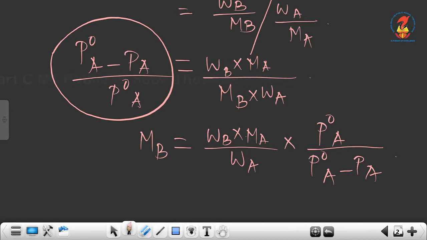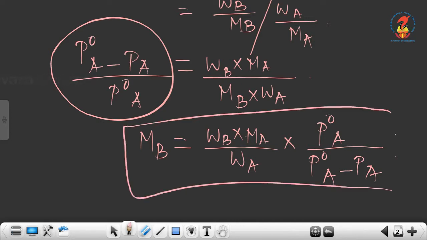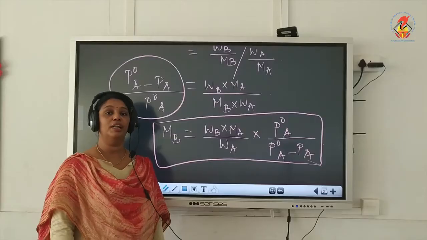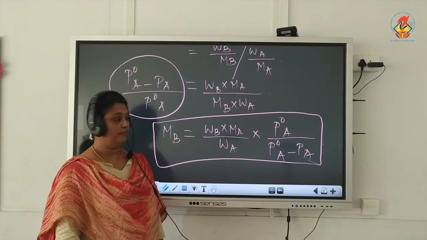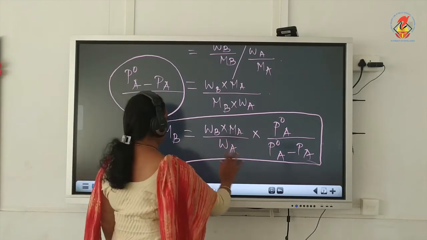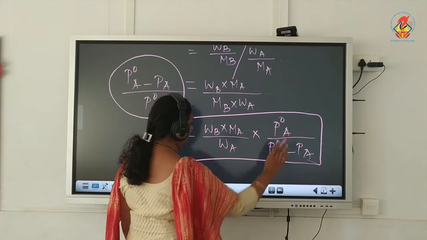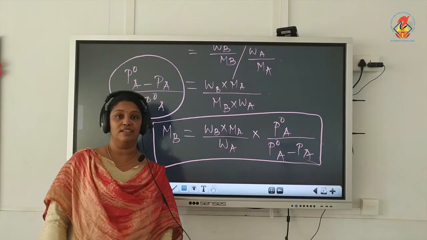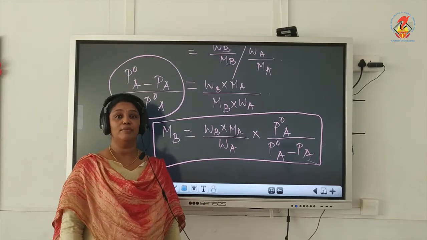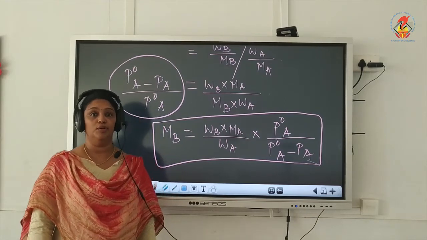This expression is used for the calculation of molecular mass of solute from relative lowering of vapor pressure. If you know all these parameters WB, MA, WA, P naught A and PA, we can calculate the molecular mass of solute. So this is the derivation to find the molecular mass of solute from relative lowering of vapor pressure.